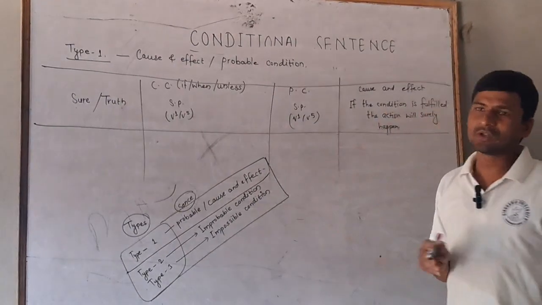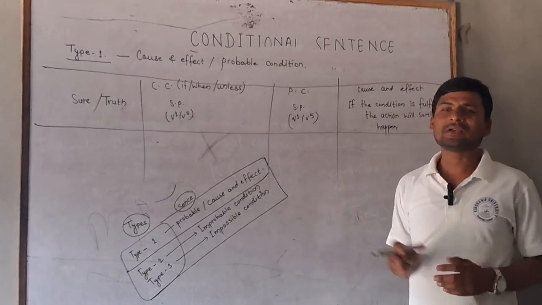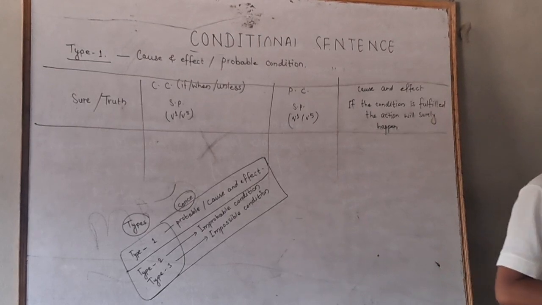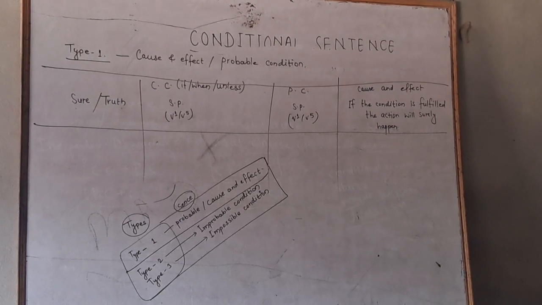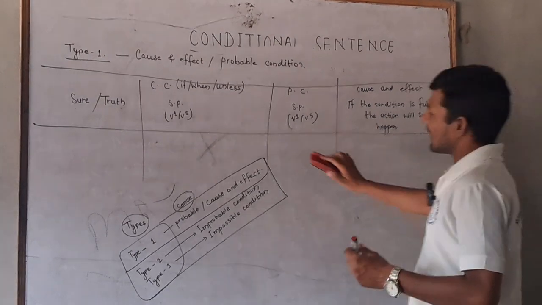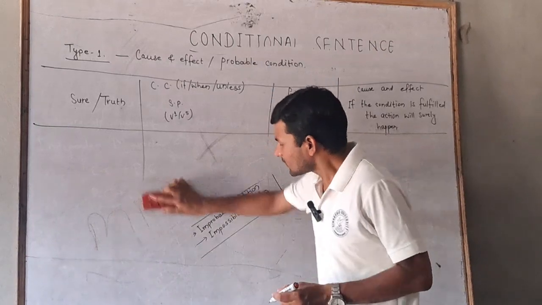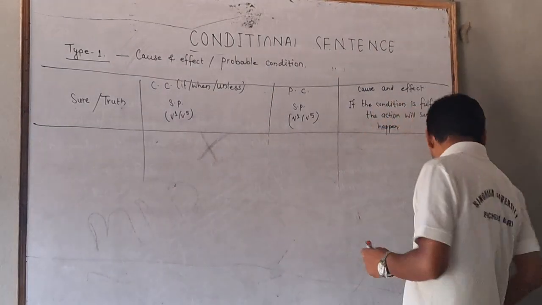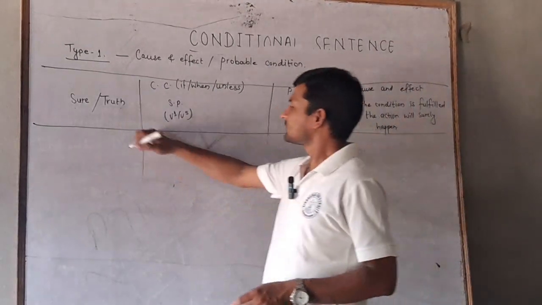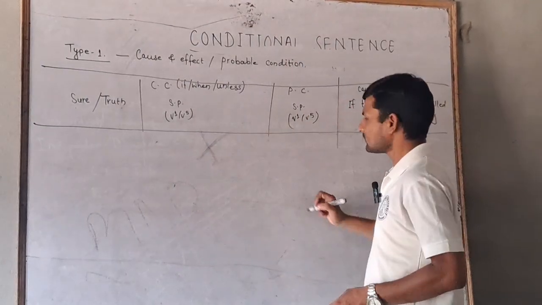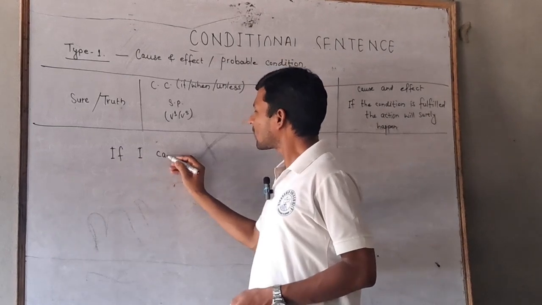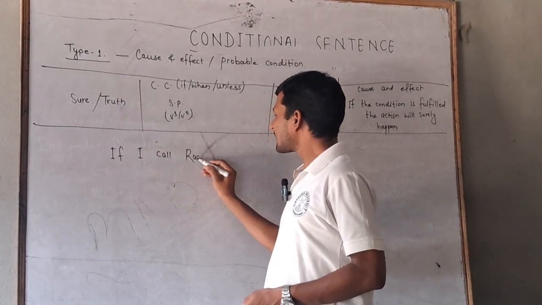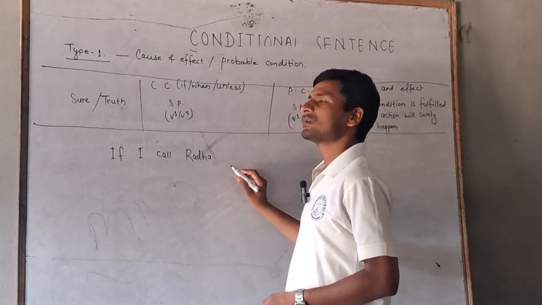So almost all the time in the CC, simple present comes, or simple past comes, or past perfect comes. Now for example you can say, if I call, Radha comes.